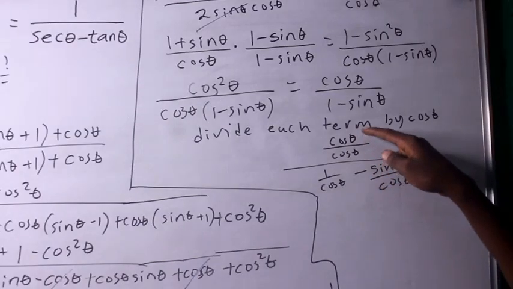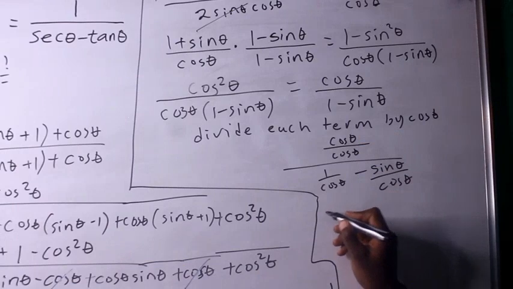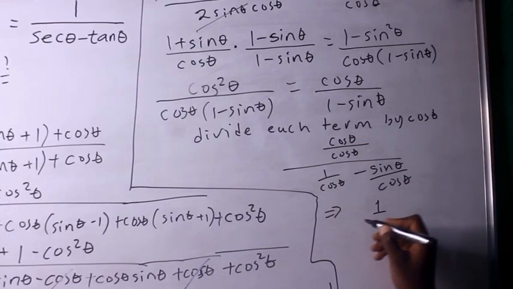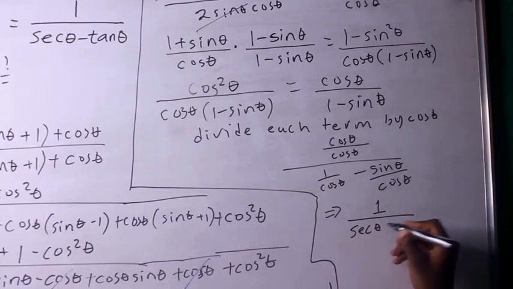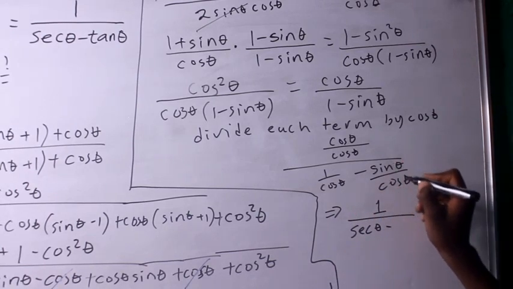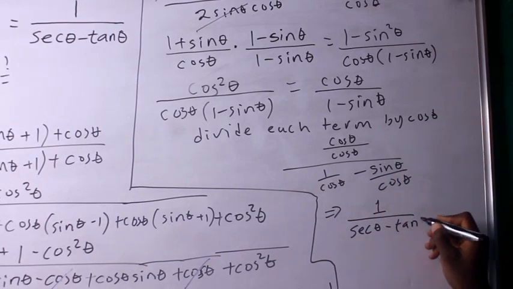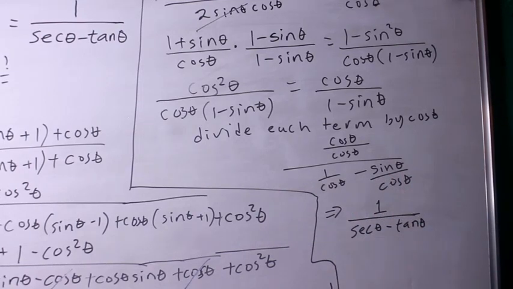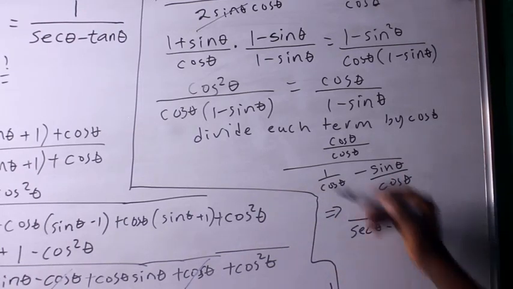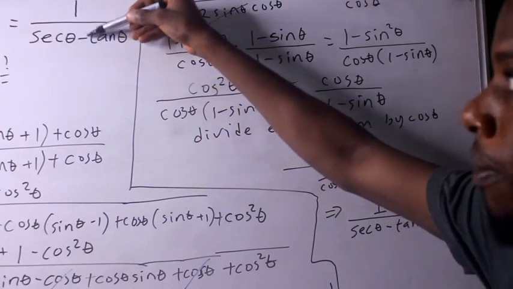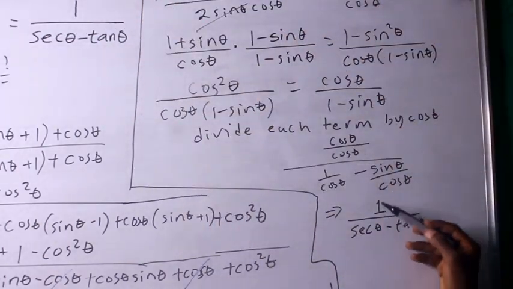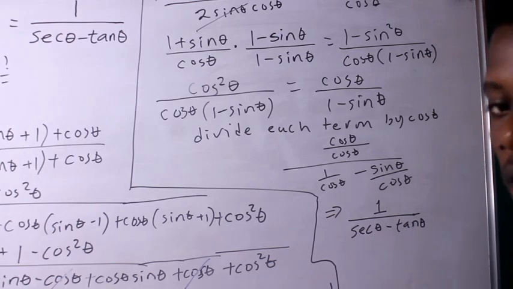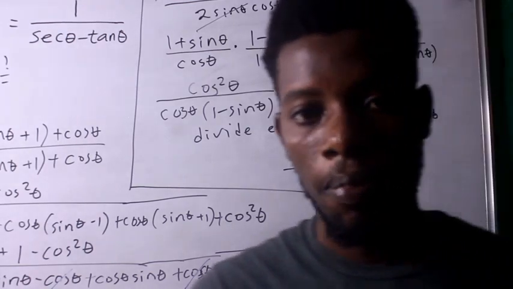If we do that, we have cos theta divided by cos theta, and that is 1, all divided by 1 over cos theta, that's secant theta, minus sin theta over cos theta, that is tangent theta. Remember, we're told to prove that that expression is equal to 1 over secant theta minus tangent theta. And we just did all of the simplification, and we came to 1 over secant theta minus tangent of theta. So this is the result.